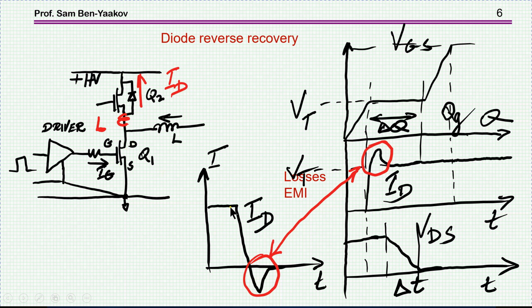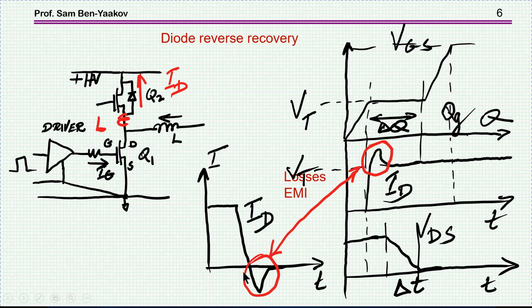Here is the forward current of the diode, and then it goes down, and eventually it actually reverses, and we have a high negative peak in the diode, and it is a positive current in the drain. We see it here. This is the current coming here during the reverse recovery.